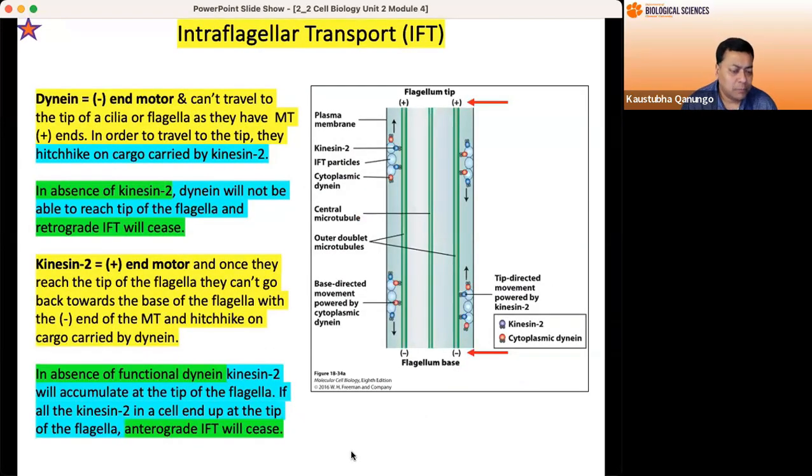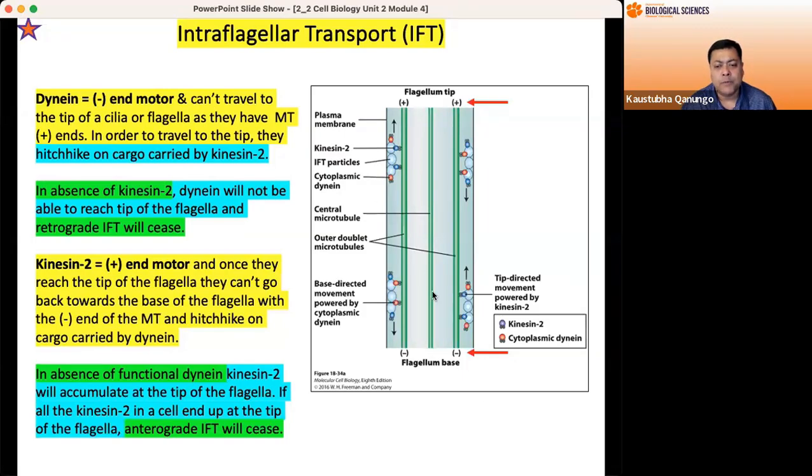All right, so a lot of highlighting here, which is what we call IFT, or intraflagellar transport. If we're just looking at the flagella, this is the plus end towards the periphery of the cell, and this is the base towards the middle portion of the cell. There are two types, which we call anterograde movement and retrograde movement.